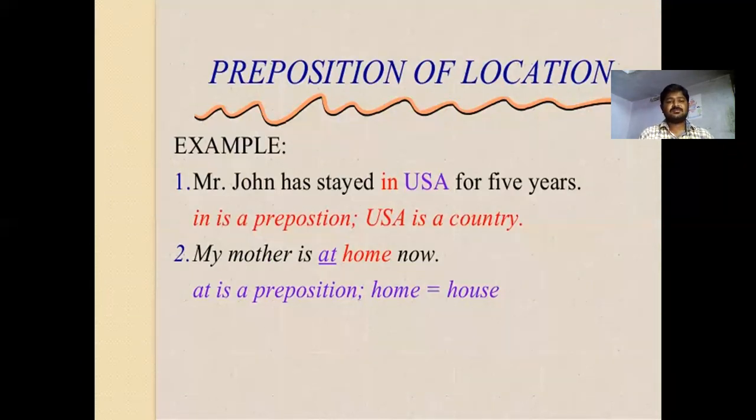Prepositions of location. For example, Mr. John has stayed in USA for 5 years. In USA, in is a preposition, and USA is a country, which is a location. My mother is at home now. At is a preposition and home is used as a location.